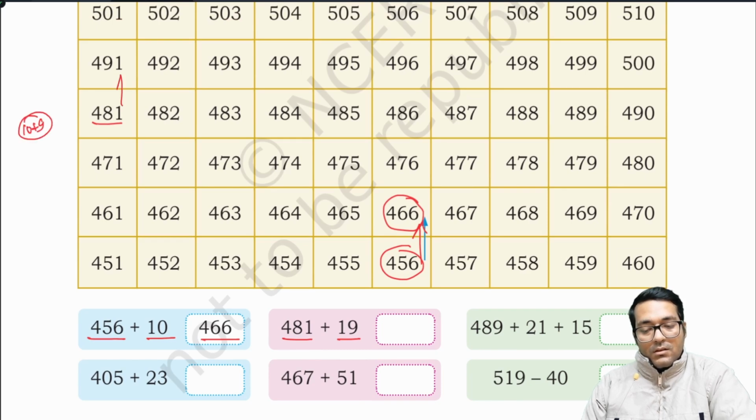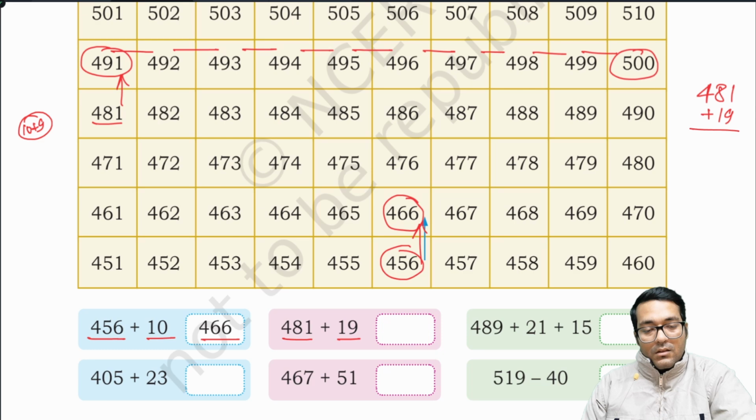On increasing 10, you will reach 491. Then you have to move 9 from left to right: 1, 2, 3, 4, 5, 6, 7, 8, 9. The answer is 500. If you add 481 and 19, you will get 500.